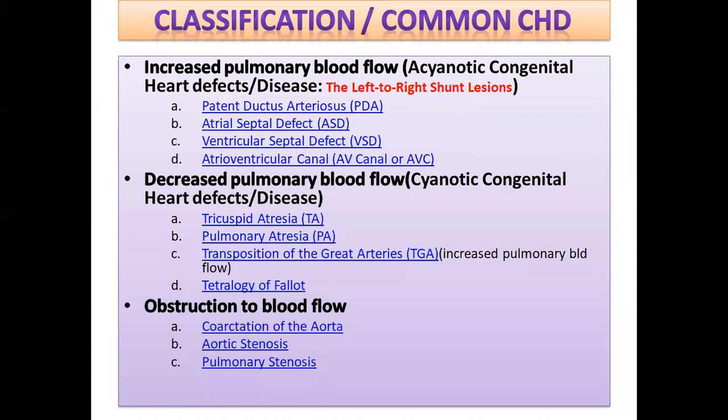Then obstruction to blood flow: coarctation of aorta, aortic stenosis, and pulmonary stenosis. We had one example or important topic from each category: PDA, atrial septal defect, ventricular septal defect, then tetralogy of Fallot, then pulmonary stenosis.